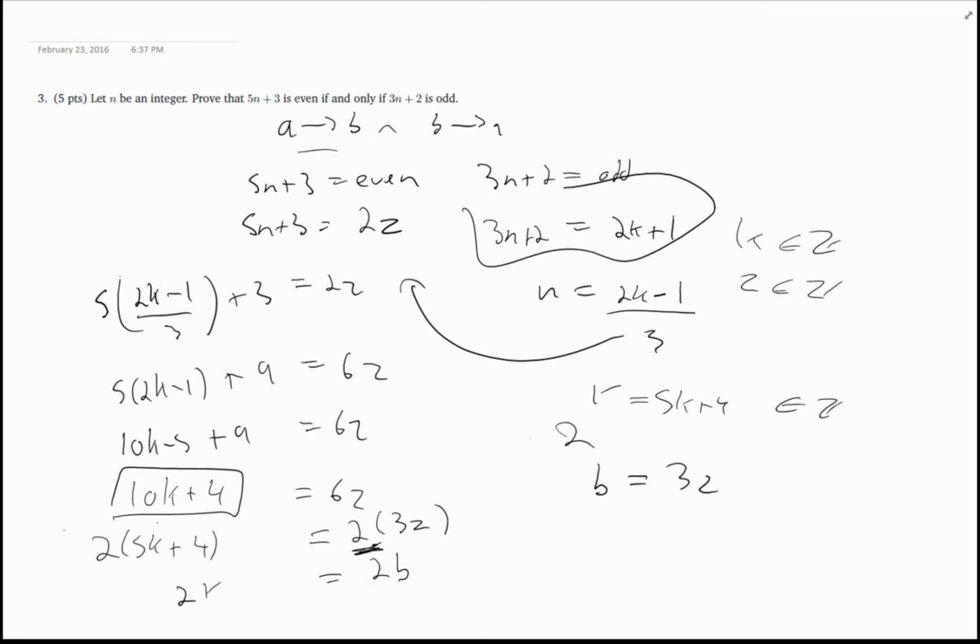So therefore you proved if A then B. Now all you gotta do is do the other way around and substitute the other one into the other equation. I'm not going to do that because it's just more work for me, but that is, I believe, how you solve the question.